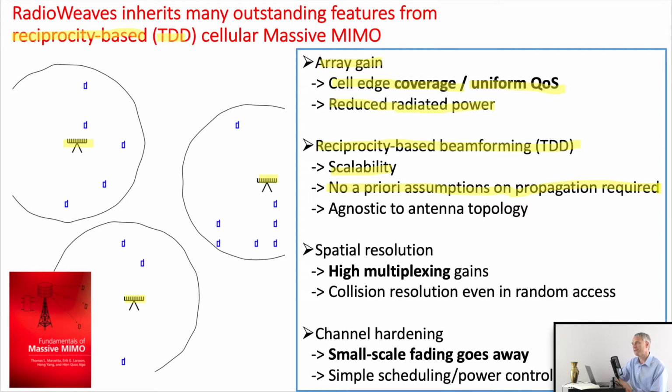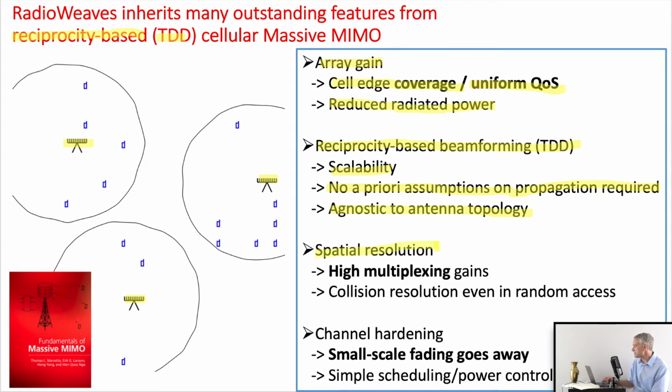Well, in fact, one can do better if one has some prior knowledge of what the propagation environment and the channels look like, but it's not required for massive MIMO to work. And it's also agnostic to the topology of the antenna arrays themselves, which is an important point. So again, no assumptions are made on what the antenna arrays actually look like, nor on what the propagation environment is like.